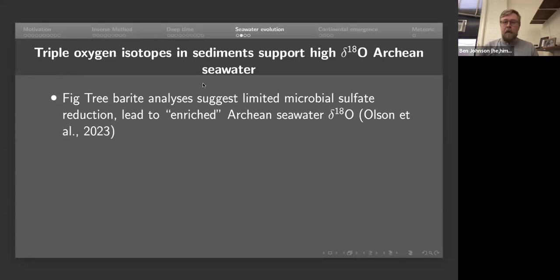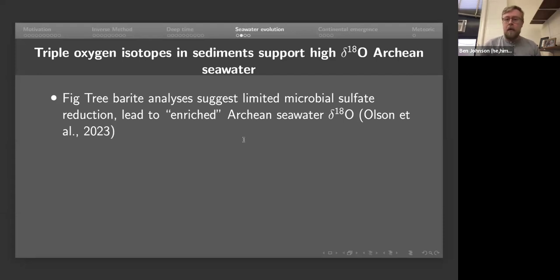There are measurements from the Fig Tree barite from South Africa, and they did Monte Carlo simulations to estimate the control of that δ18O value. They used triple oxygen isotopes to determine the balance of sulfate production between the microbial component versus abiotic, and their results are consistent with a relatively high, I think their range was 0 to 5 per mil, δ18O value of seawater. This is from Olsen et al. in 2023.